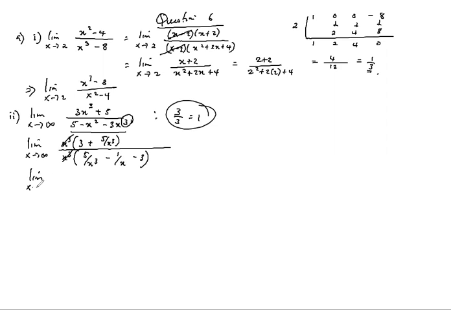And I'll remain with the limit as x goes to infinity of 3 plus 5 over x cubed over 5 over x cubed minus 1 over x minus 3. So you say then I have 3 over negative 3, which is negative 1. That's all. Not forgetting that the limit as x goes to infinity of 1 over x is 0.